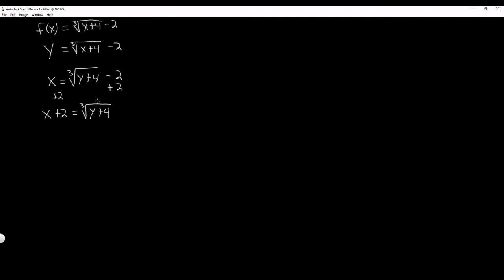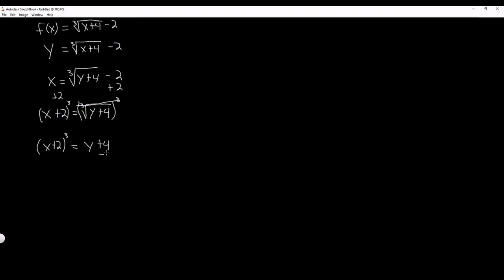And then from here, you see we have this cube root. To cancel it out, we can just raise it to the third power on both sides. So we'll do that, and these cancel, the exponent and the cube root. So this will leave us with x plus 2 raised to the third power is equal to y plus 4.